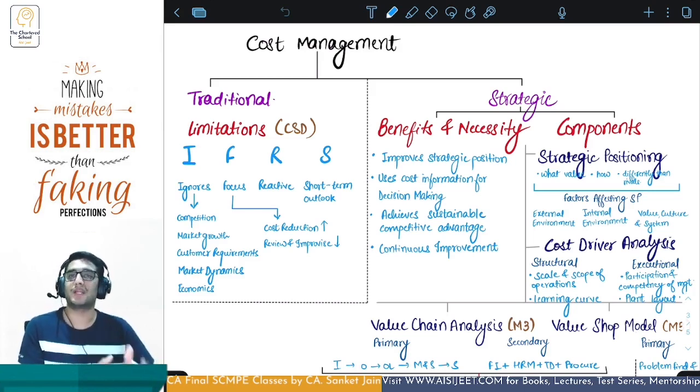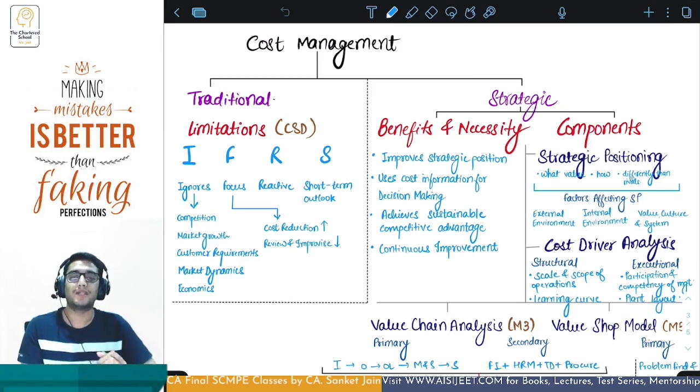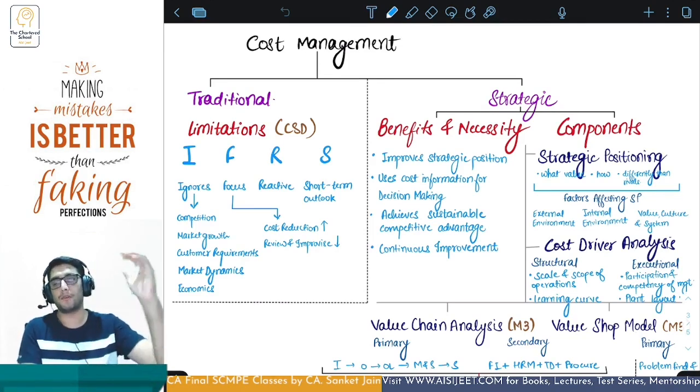Let's move to SCM, how it became hero and made TCM a zero. Okay, so SCM, or strategic cost management, there are benefits and necessity of this method. The entire concept of strategic cost management tells you that what you need to do as a company is that you need to be at the top. A company would want that not just it is earning decent profits for its shareholders, it also wants to be at the top of the industry.